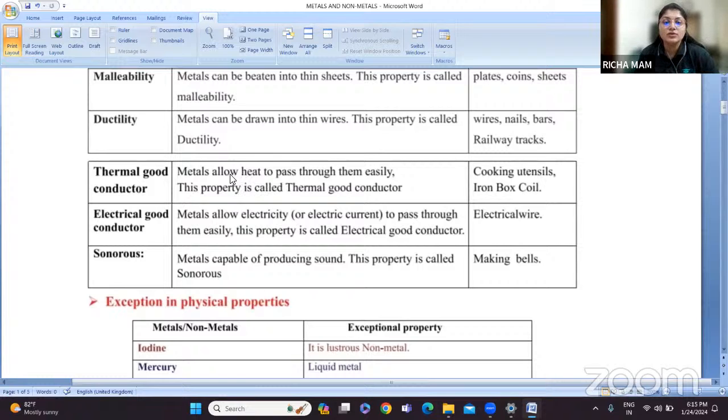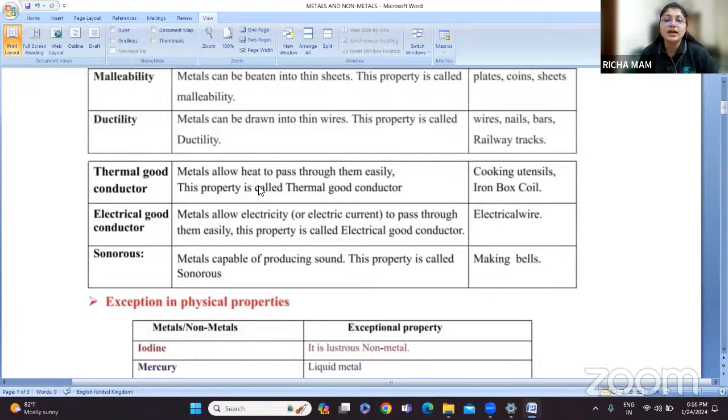Metals allow heat to pass through them easily. For example, cooking utensils are made up of metal, right? They allow the passage of heat through them so that the food is cooked properly.